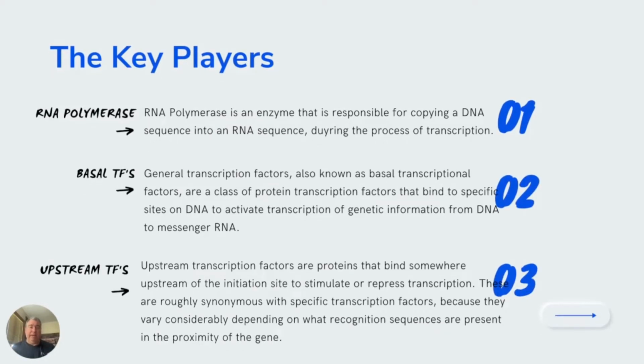So some of the key players you're going to hear me talk about, it's important to know. The first is probably the most important. That's RNA polymerase. This is an enzyme. It's a powerful, magnificent enzyme that has evolved to do so many different things.